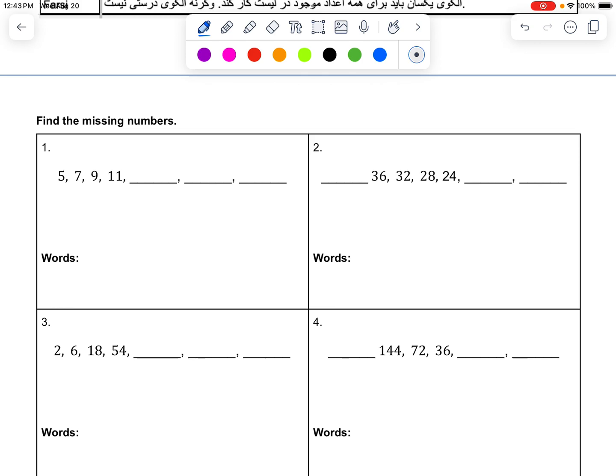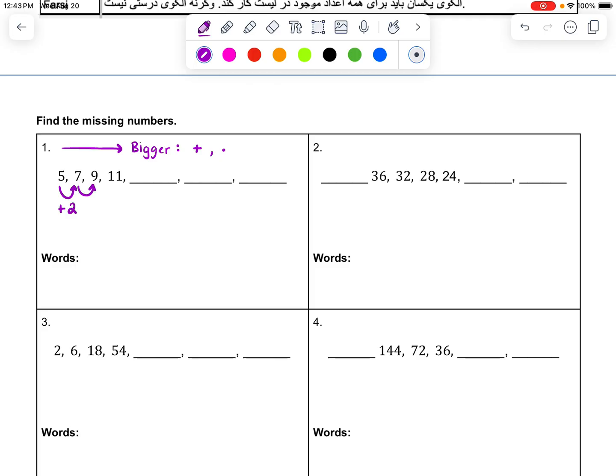So in problem 1, the numbers are getting bigger, which means we are either going to have a pattern that is plus or multiply. To go from 5 to 7, I plus 2.